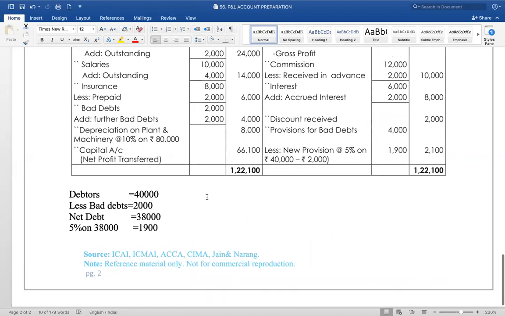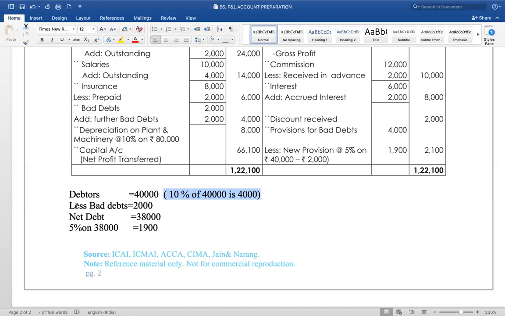Where is this? The debtors amount is 40,000, right? And 10% of that is 4,000. Now this I'm just telling you to keep in your mind and set aside.